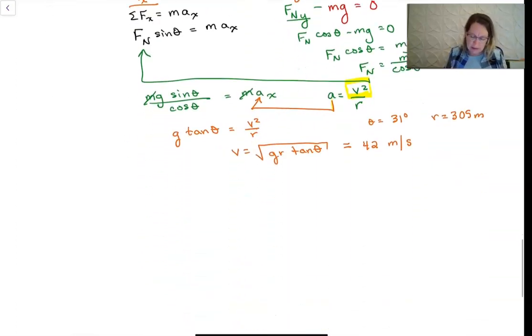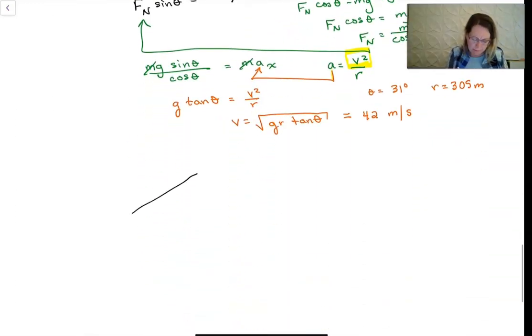So I'm going to repeat this. Again, I have this angle, have the car. And here's theta. And what we're going to do is we're going to increase our acceleration.